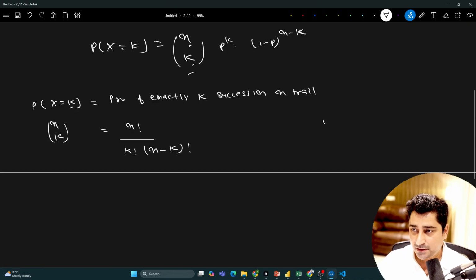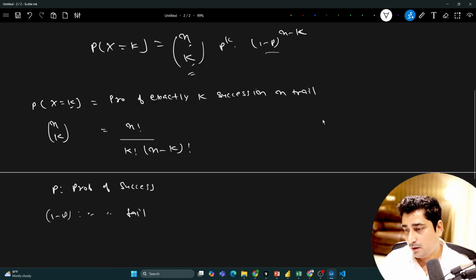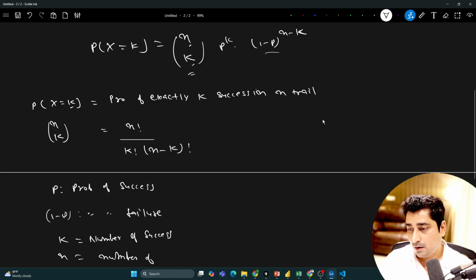Then p is the probability of success for the particular event we are going to calculate. 1 minus p is the probability of failure, k is the number of successes, and n is the number of trials.